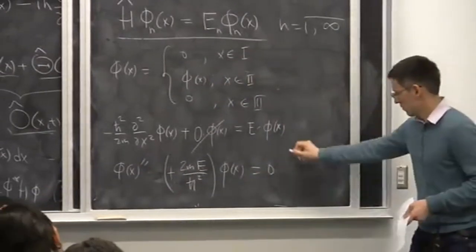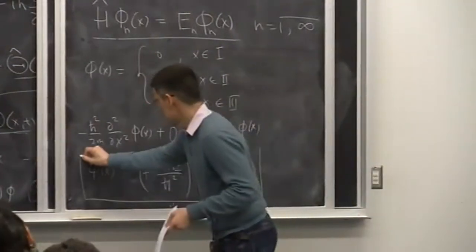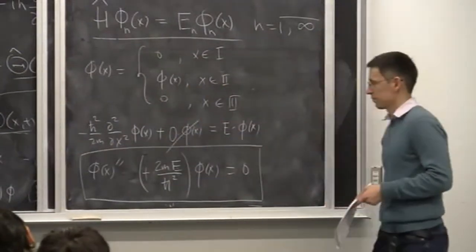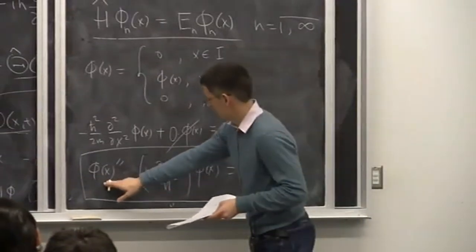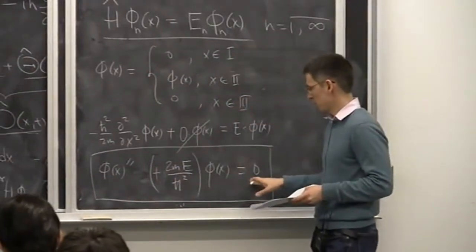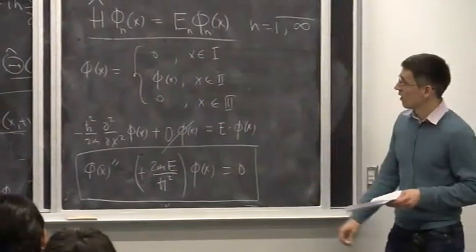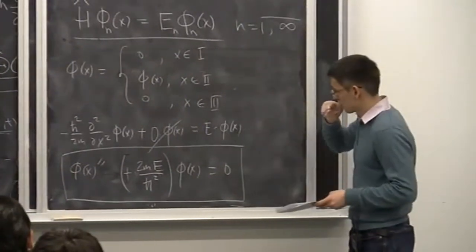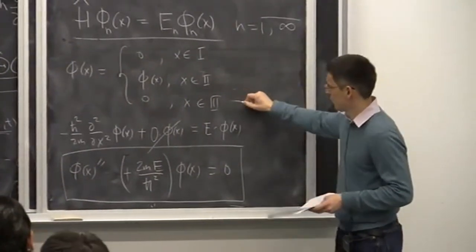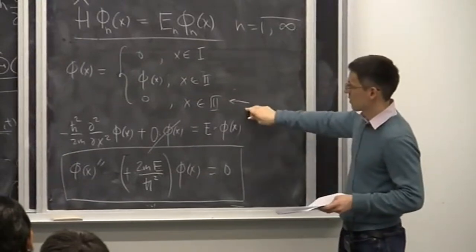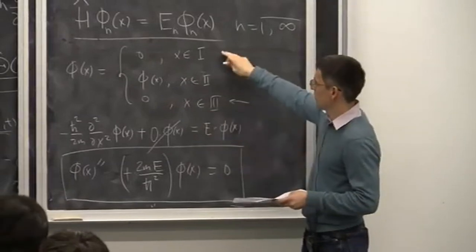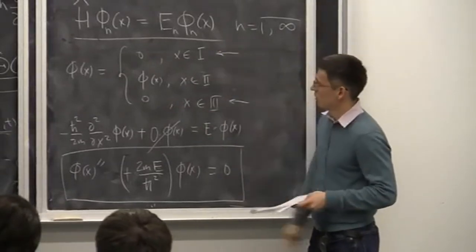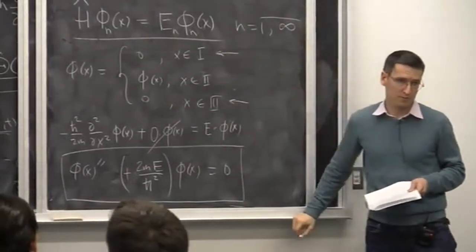And that's the differential equation we need to consider: the second derivative of the function plus a constant multiplied by the function equals 0. And we also have some boundary conditions, meaning that the function must be 0 once it reaches the third region, and it must be 0 when it reaches the first region. Okay?